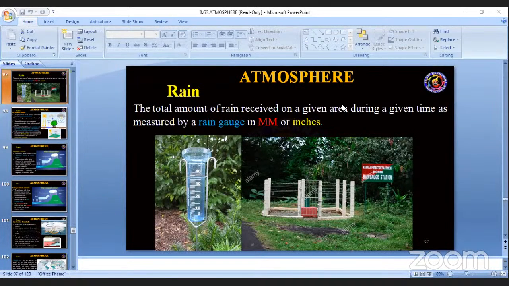Absolute humidity is the water vapor present in the air, and specific humidity also refers to the water vapor present in the air.